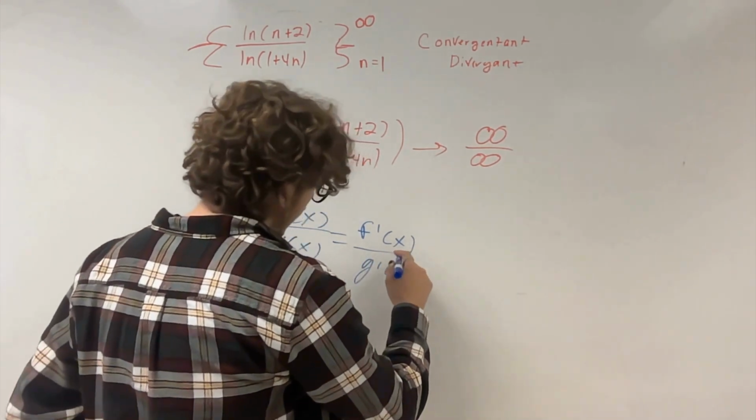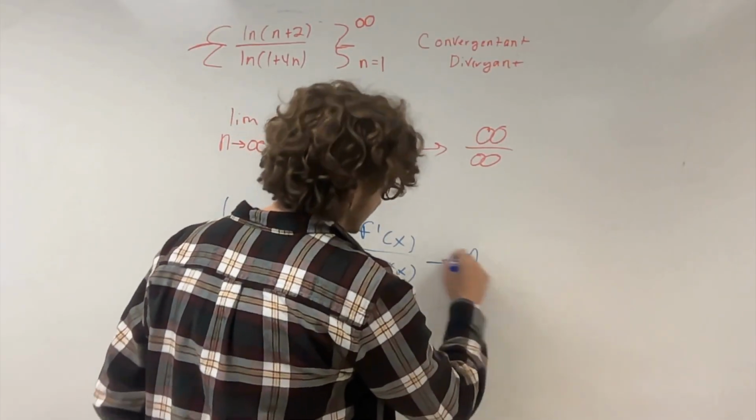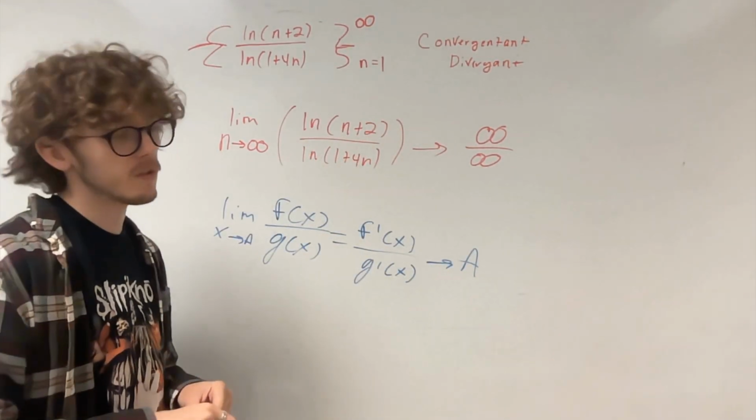And when we evaluate, we should get a value and not 0 over 0 or infinity over infinity.